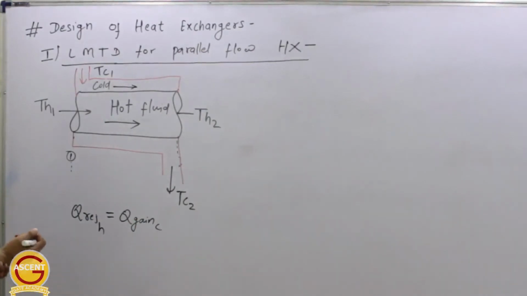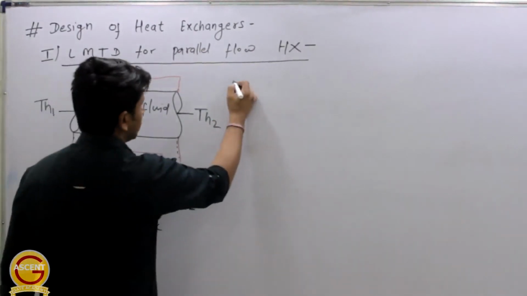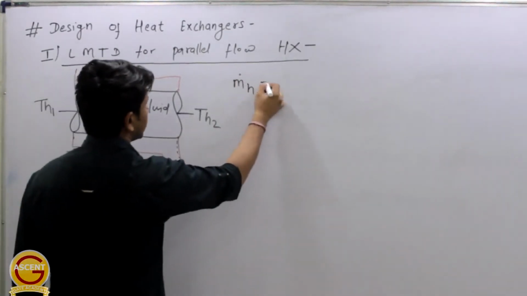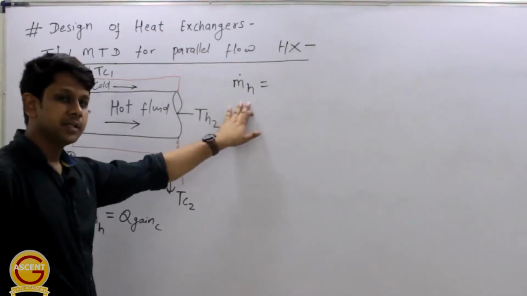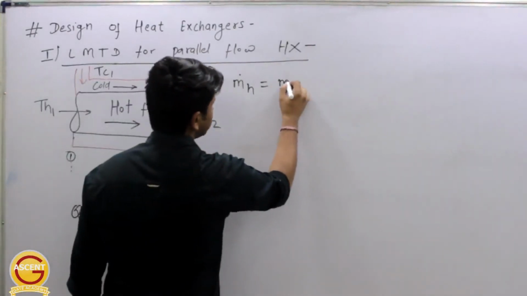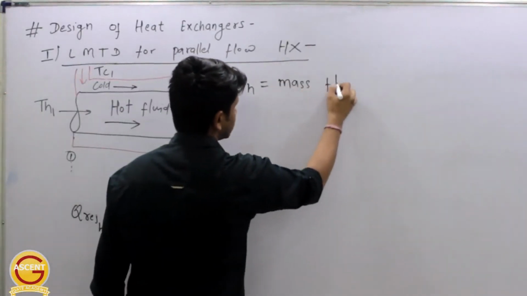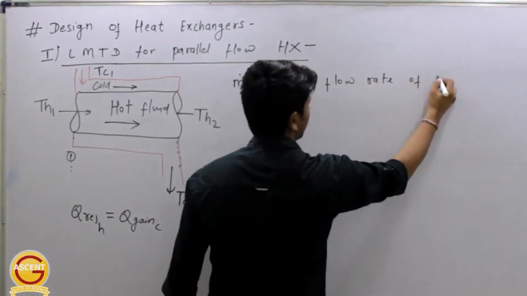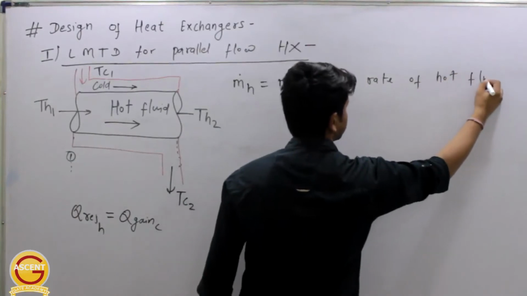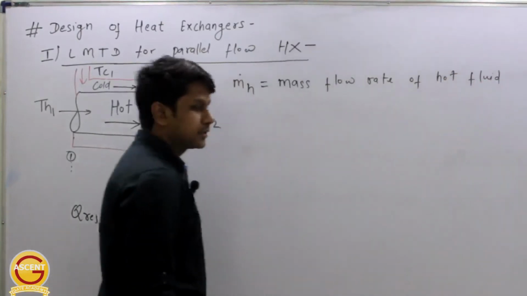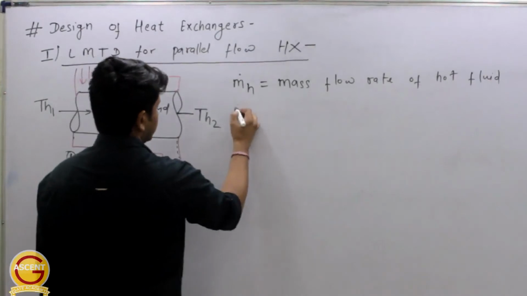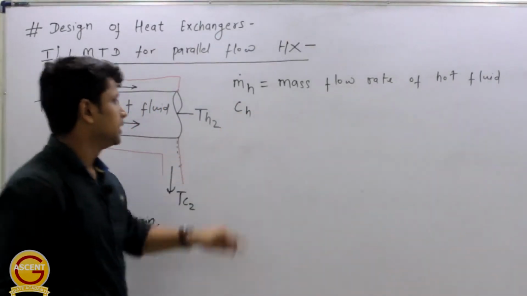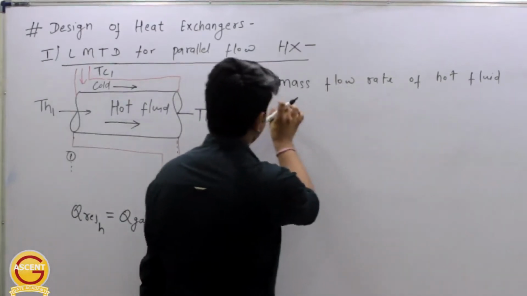Now let's say the mass flow rate of hot fluid is m dot H. So m dot H is the mass flow rate of hot fluid, correct? And CH is the specific heat for hot fluid. Write down the units also. So what will be the unit of mass flow rate?